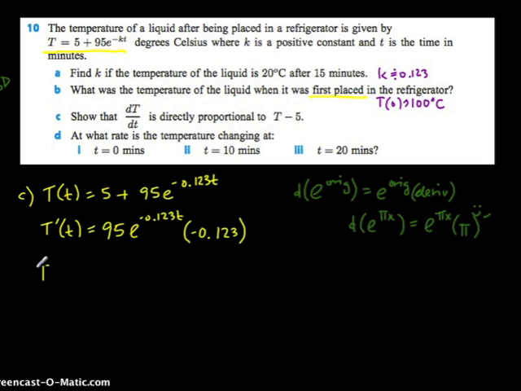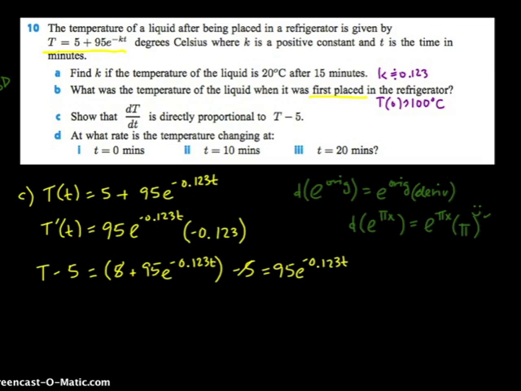So let's look at what T minus 5 is. If I do T minus 5, that means I have my T, which is 5 plus 95 e to the negative 123 thousandths times t, and then I'm going to subtract 5 from it. Well, I have positive 5, negative 5. Those cancel out, and I'm left with 95 e to the negative 0.123t.